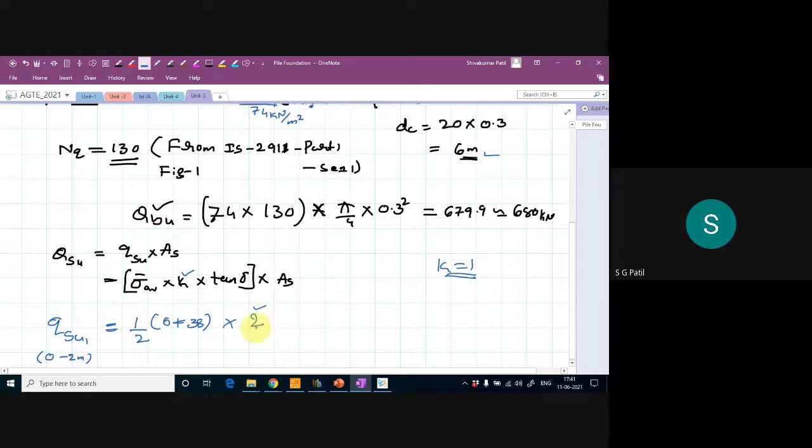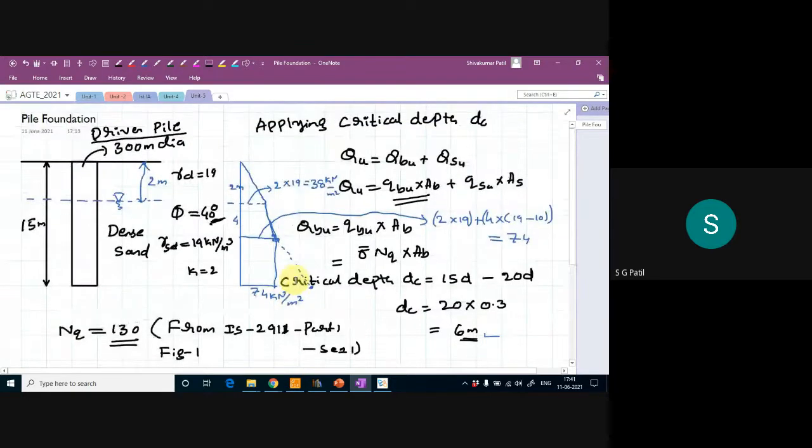So 2 I am taking into tan delta. How much delta value did they give? They have not given the delta value. Some researchers tell you to take the delta value as 2/3 or 3/4 of your phi value, or sometimes you can even take phi itself as your delta value.